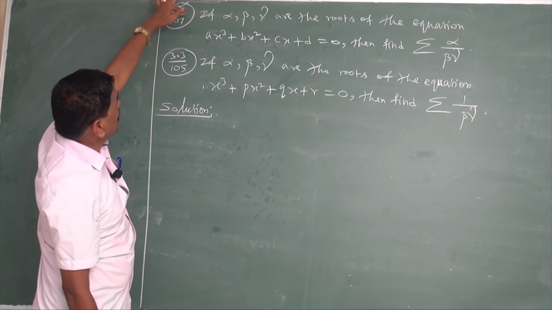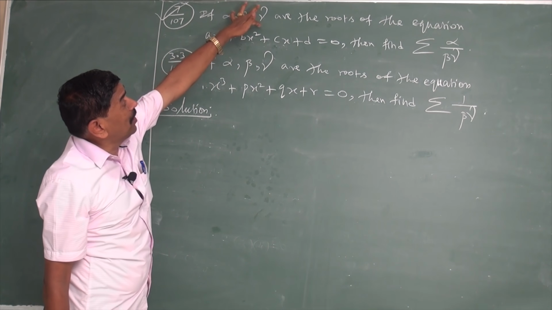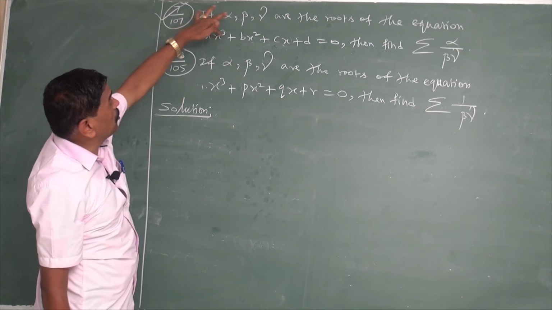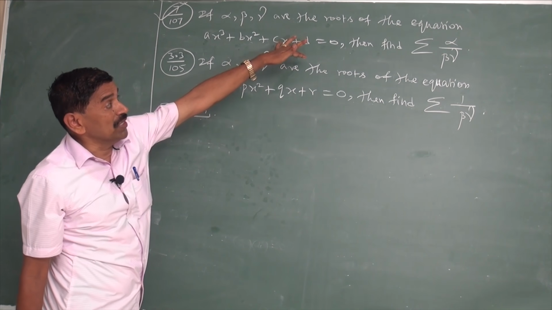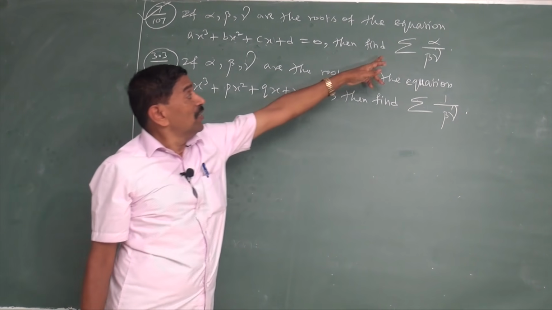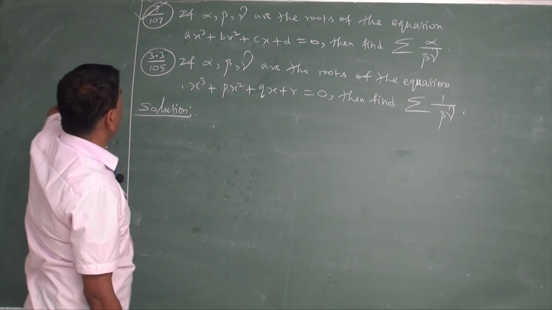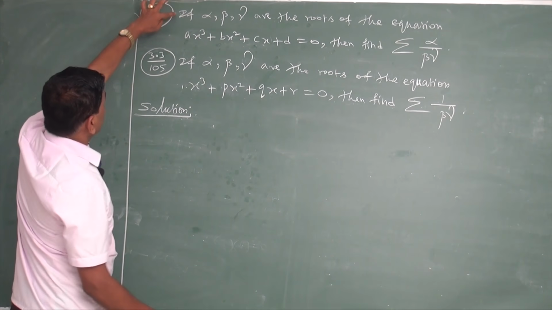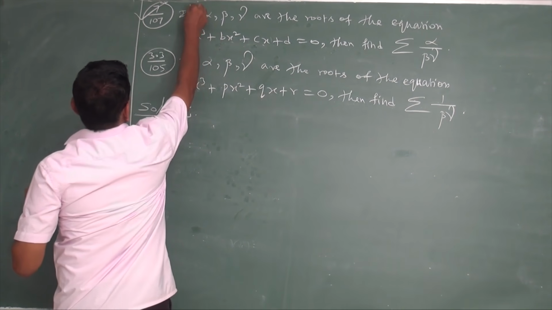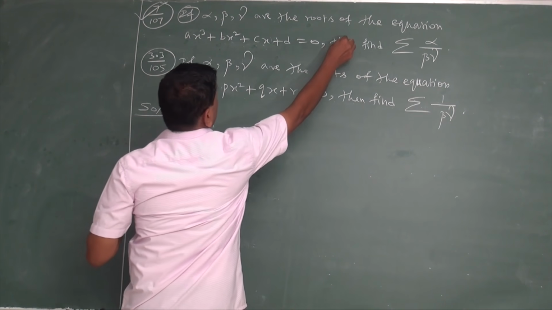The question is, if alpha, beta, gamma are the roots of the equation ax cube plus bx square plus cx plus d equal to 0, then find the value of sigma alpha by beta gamma. First take the introduction. Here it is an if-then question, so it is a conditional question.